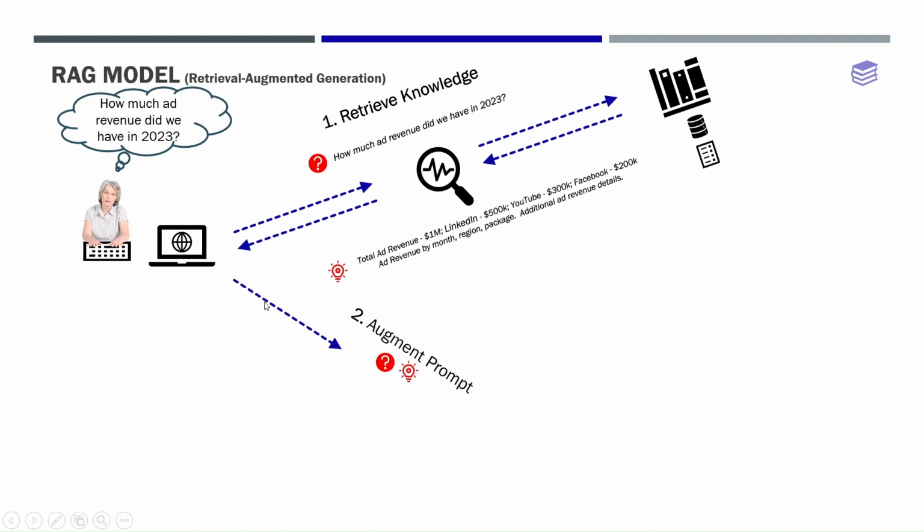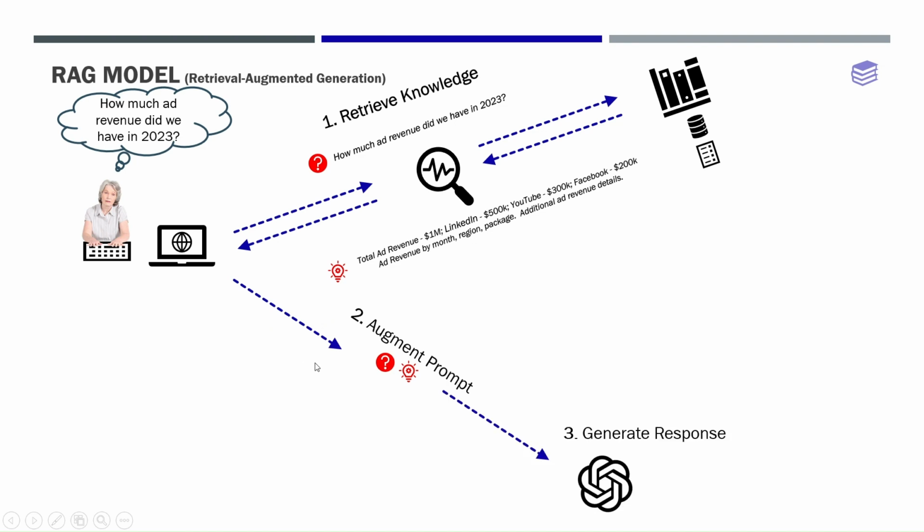So now we've gone through the retrieval. Now we're at the augmentation, augmenting the prompt with both the question, how much ad revenue did we have in 2023, with the knowledge, which is all the detail that came back from her internal knowledge store around total ad revenue by month, by region, by package, additional details.